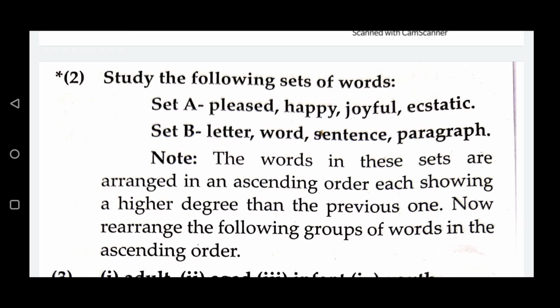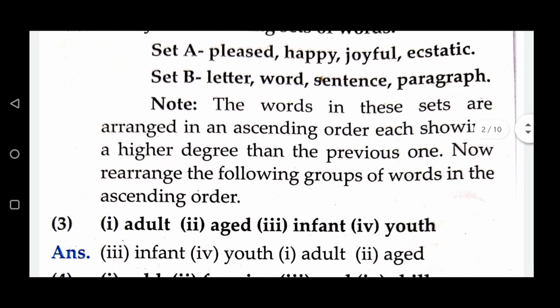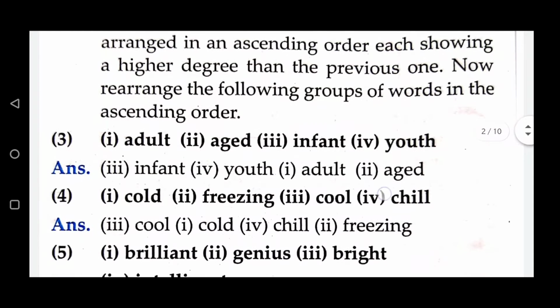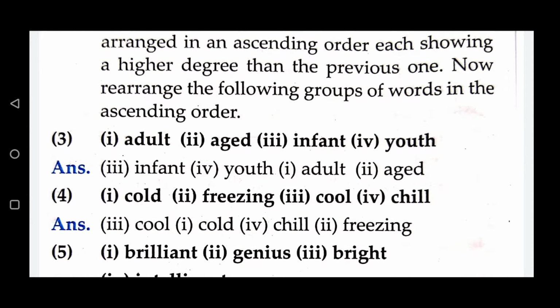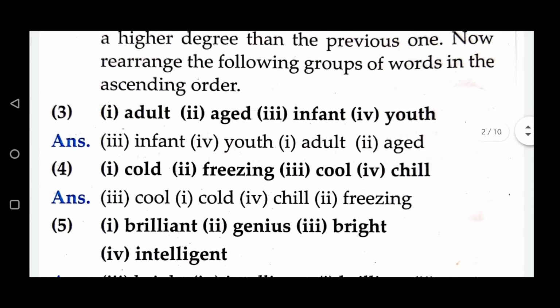Set B says letter, the smallest one, then word, then sentence, then paragraph. It ends to the biggest one. Now the words in these sets are arranged in an ascending order, each showing a higher degree than the previous one. Now rearrange the following groups of words in the ascending order.